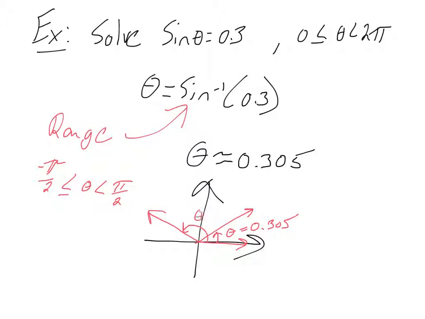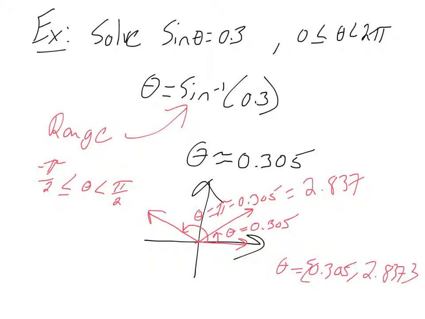We'd take 0.305 and do what with it? Yeah, pi minus 0.305 would be the other angle, which is 2.837, let's say. So my two solutions would be theta equals 0.305 and 2.837.